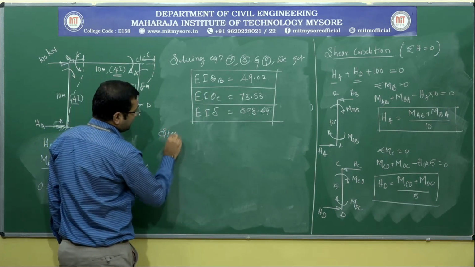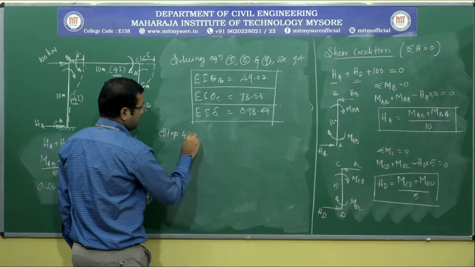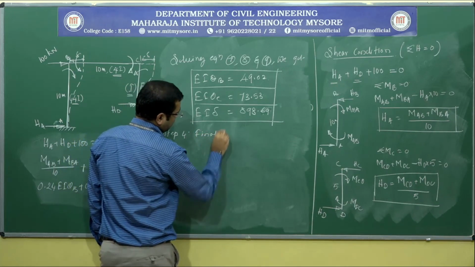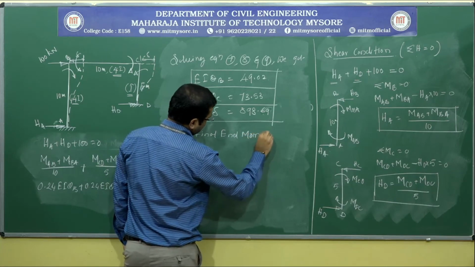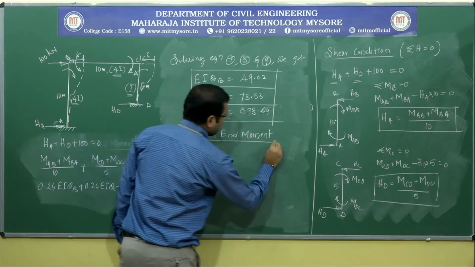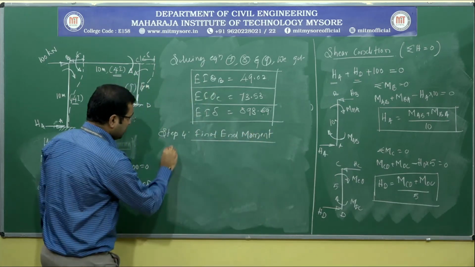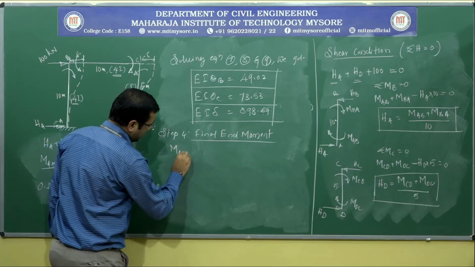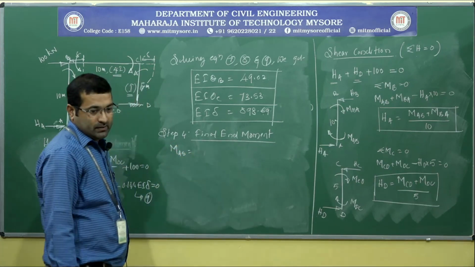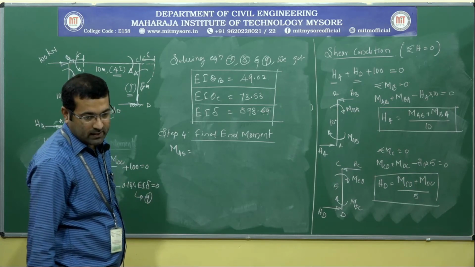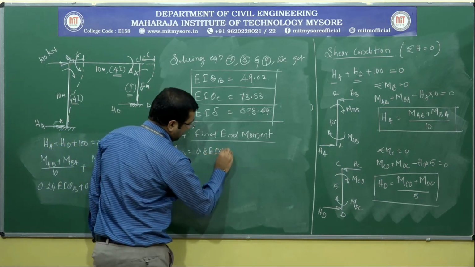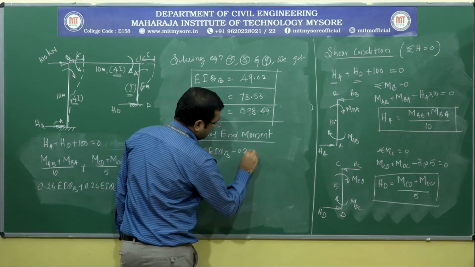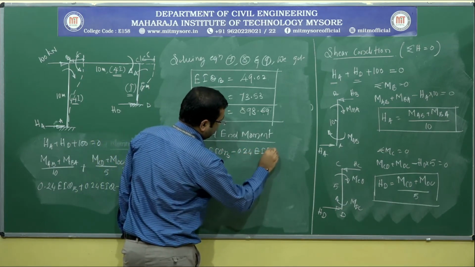So that is step number 4, final end moments. The slope deflection equation for MAB is 0.8 EI theta B minus 0.24 EI delta.